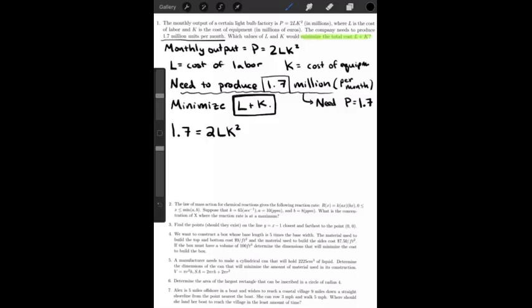Alright, so if I want to solve for k, I'm going to divide by the coefficient. And then I'm going to take the square root of both sides. And whenever you take the square root of both sides, one of them needs to have a plus or minus.